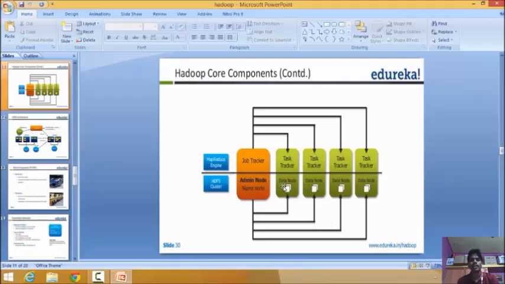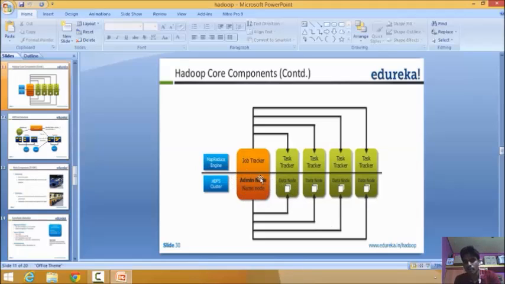It divides the data into 64 MB blocks. Why only 64? May not be only 64, it can also take 128 MB. Whatever the data you give, that is stored in blocks in every data node. Each block may be of 64 MB or 128 MB.